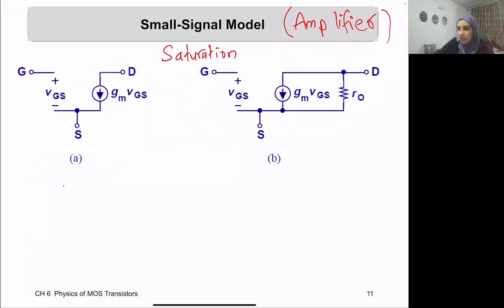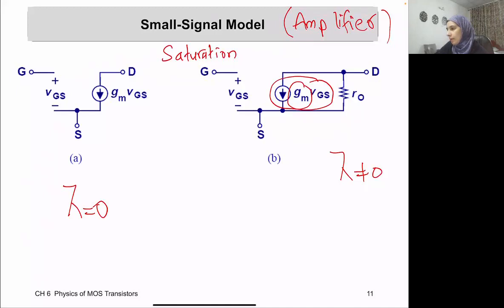Here, assuming that lambda equals to 0, and here lambda not equal to 0. So we assume that the transistor is behaving as a voltage controlled current source, and the current will be changing with respect to VGS and the transconductance of the transistor, which is GM.